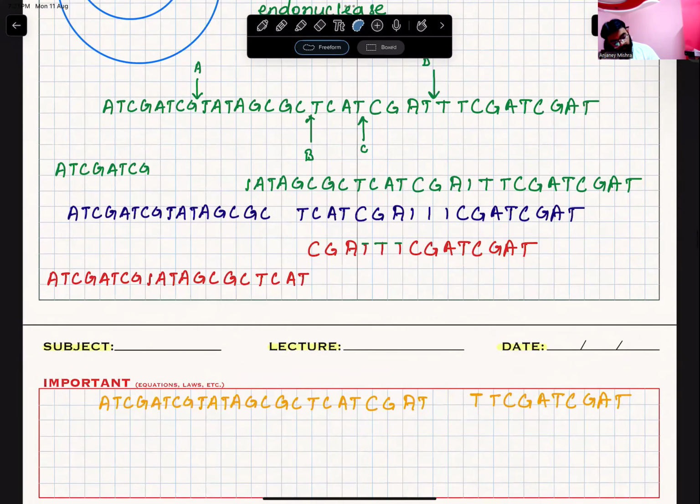The green color ones are because of restriction enzyme A. This is because of restriction enzyme B. This is for C and this is for D. Is that okay?